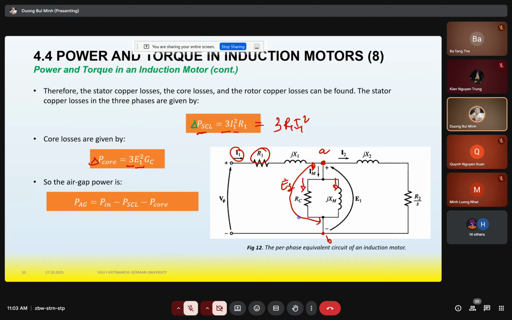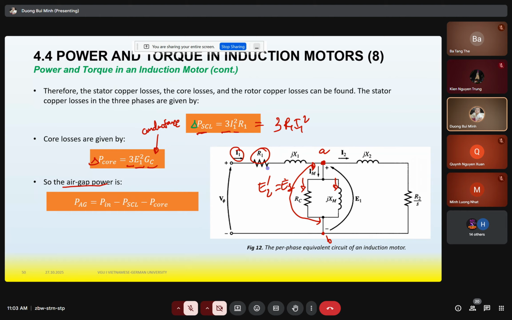E1 equals E2'. So we have 3 E1 squared times GC, where GC is the conductance. Of course, everybody knows how to calculate this.